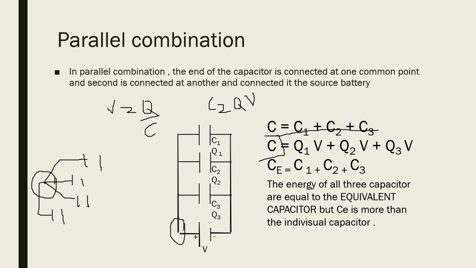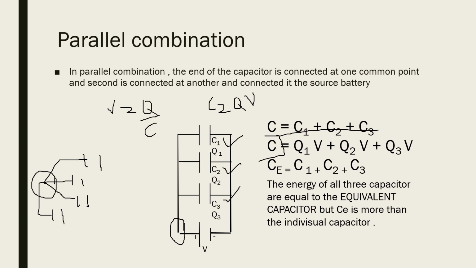Now here in this formula we'll derive how we can equate the whole capacitors, like this capacitor and this capacitor. How can we replace these capacitors by a single capacitor? So for that what we'll do, we'll equate it.